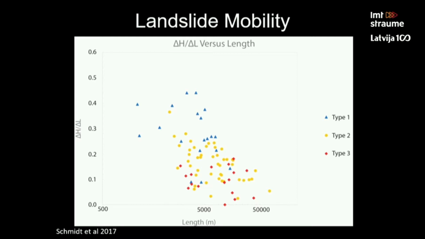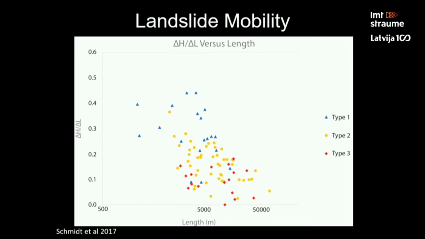You can see that there really is a correlation here where we've got clustering of most of the type 1s up towards these higher values of internal coefficient of friction. We've got both type 2 and type 3s kind of lower down here. But the important thing to note is that there really isn't a trend for those type 3 landslides. And that's what you expect if the sliding friction is being overcome by fluidization, or if the flow itself is somewhat internally fluidized.